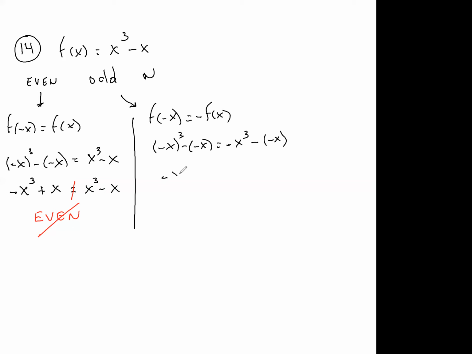And this way we get negative x to the power 3 plus x, and negative x to the power 3 plus x. Are they equal? Yes. That's the end of the discussion. I confirm that this function is odd, because the left side is equal to the right side.